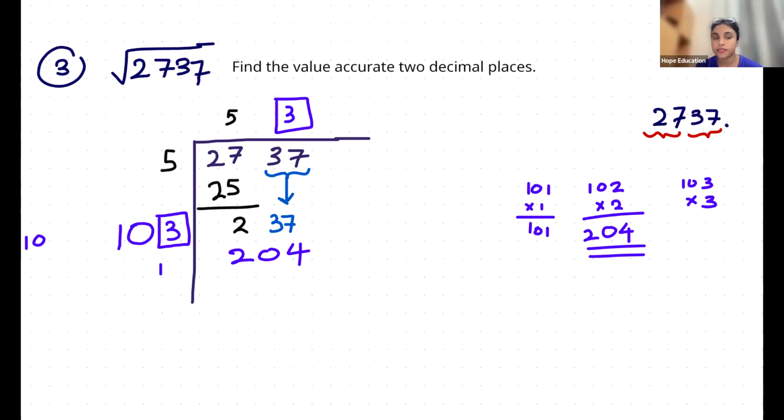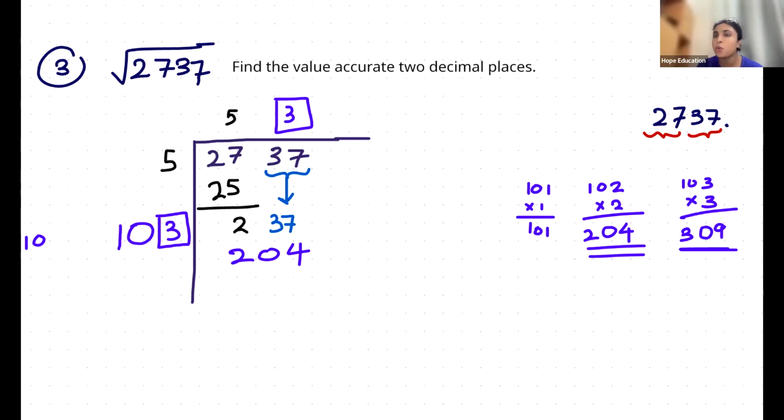103 times 3. Let's see. 3 times 3 is 9, 3 times 0 is 0, and 3 times 1 is 3. That is 309.